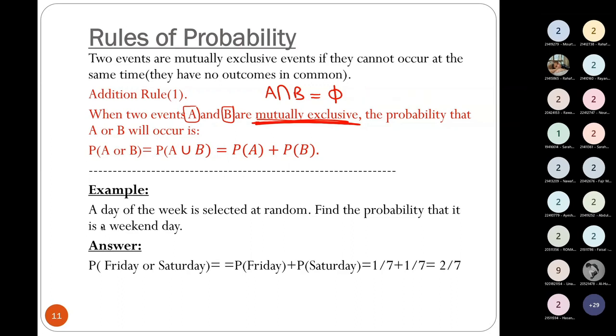The probability A or B means union, and means intersection.